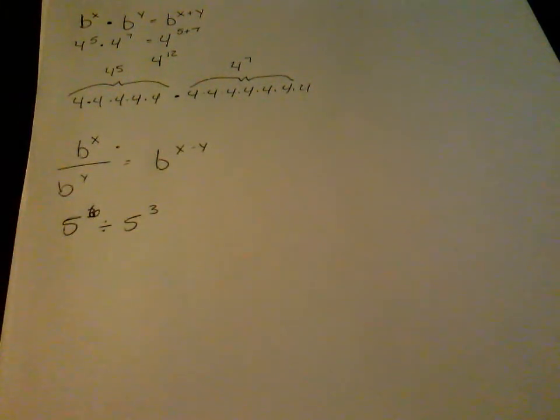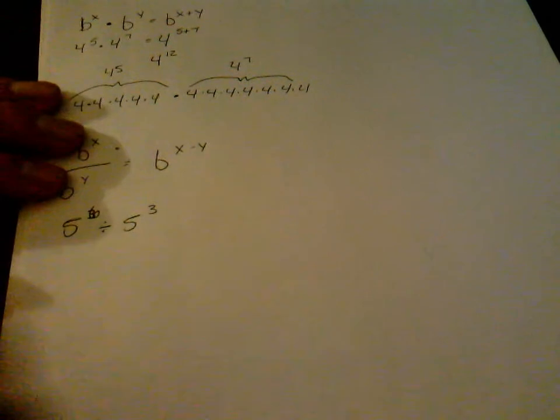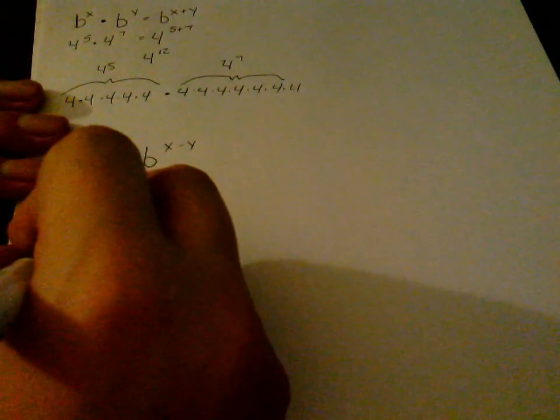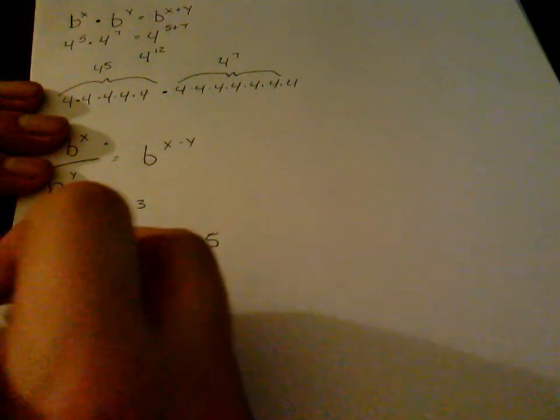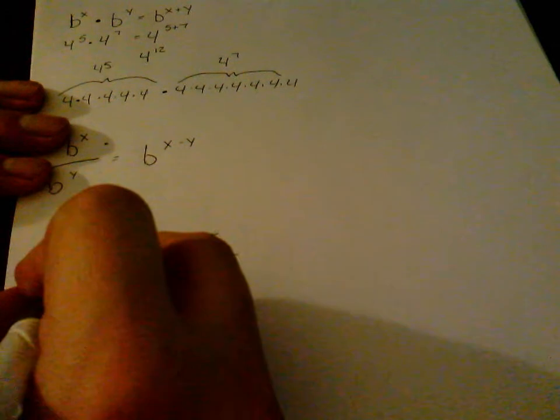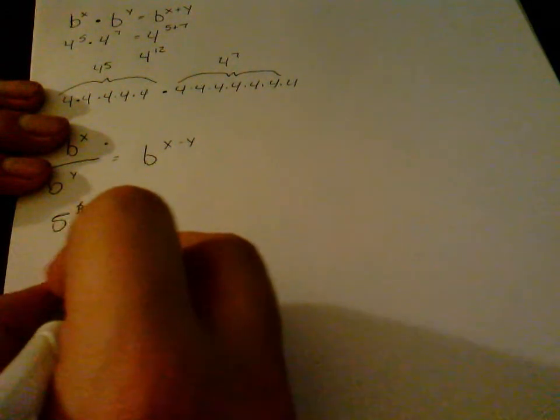Let me show you why this works. If I write this out, the top one would be 5 times 5 times 5 times 5 times 5 times 5, so you have 5 six times, divided by 5 times 5 times 5.